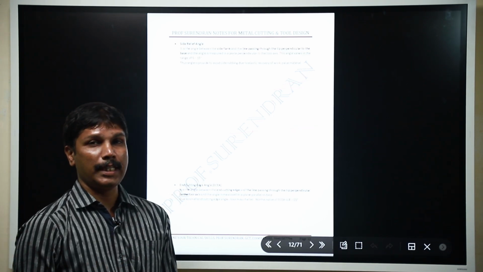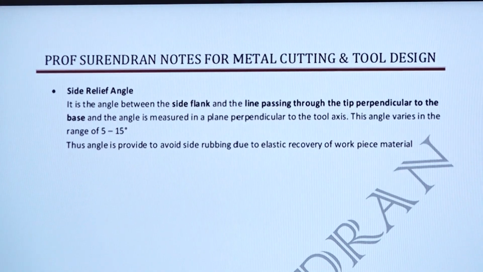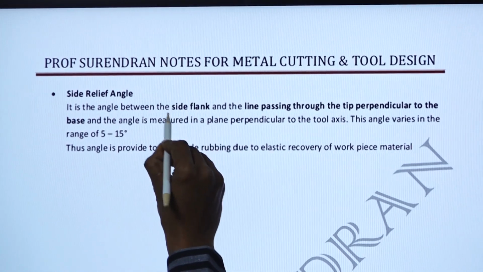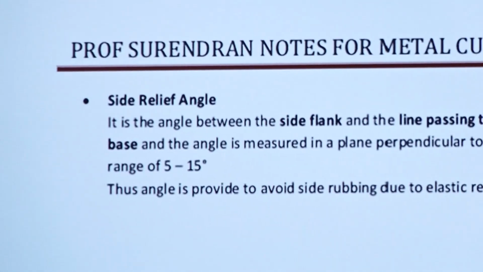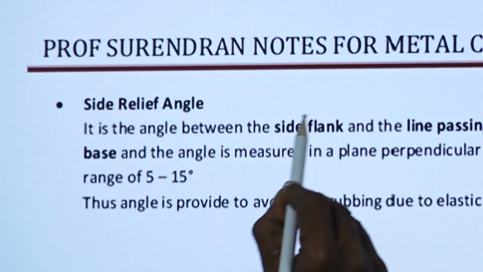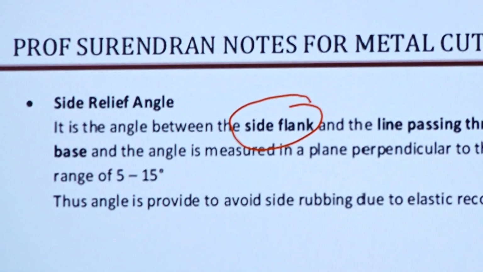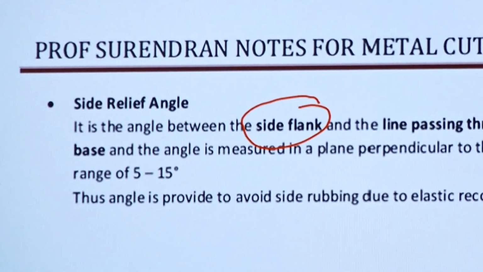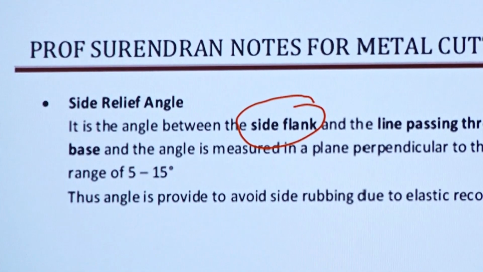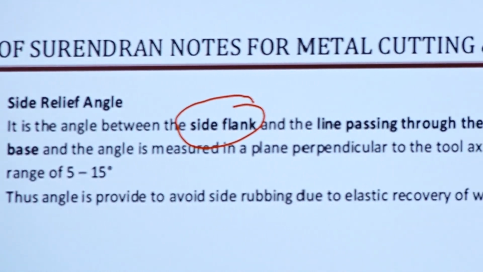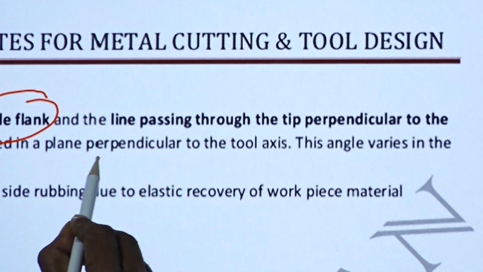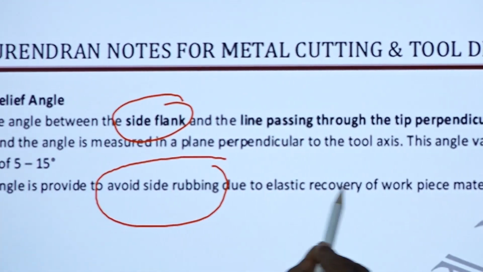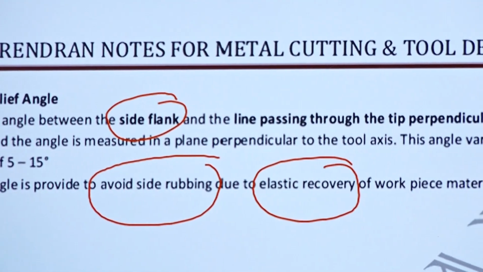Next we are going to see the side relief angle. The side relief angle is the angle between the side flank and the line passing through the tip perpendicular to the base. It varies from 5 to 15 degrees. This angle is provided to avoid side rubbing due to elastic recovery.